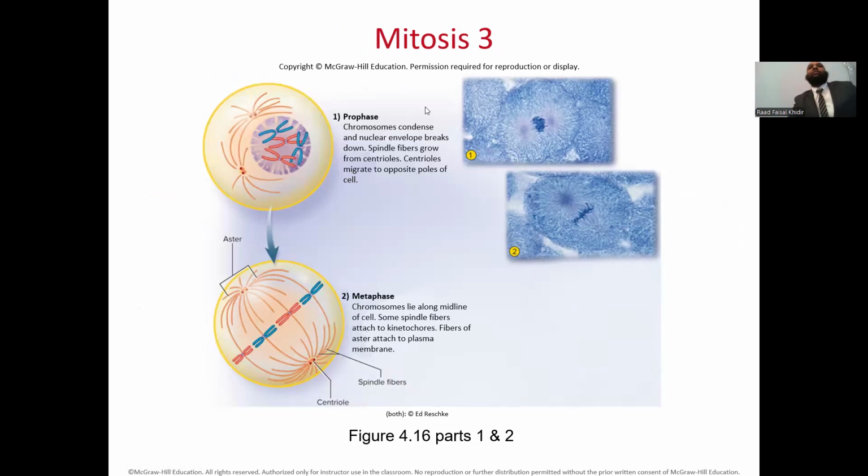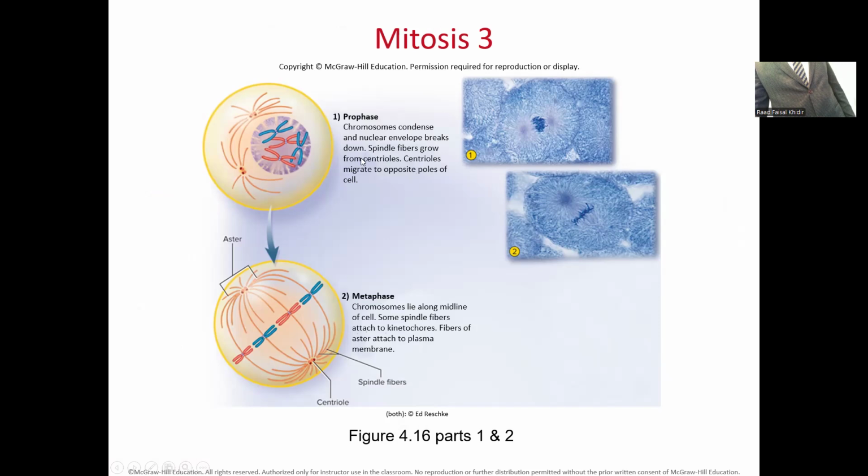In prophase, you find condensation, and the nuclear envelope is going to break. So you have to find which features are distinctive, what significant features happen during each phase. In prophase, the chromosomes condense and the nuclear envelope is going to break down.